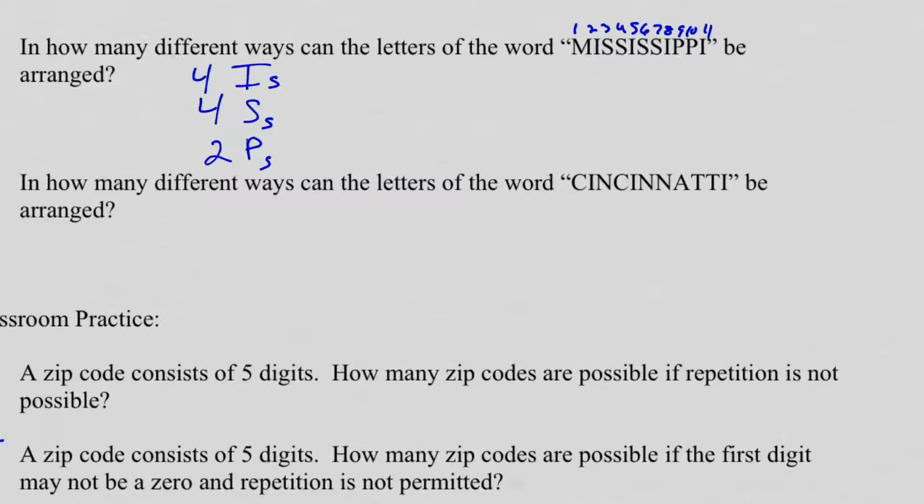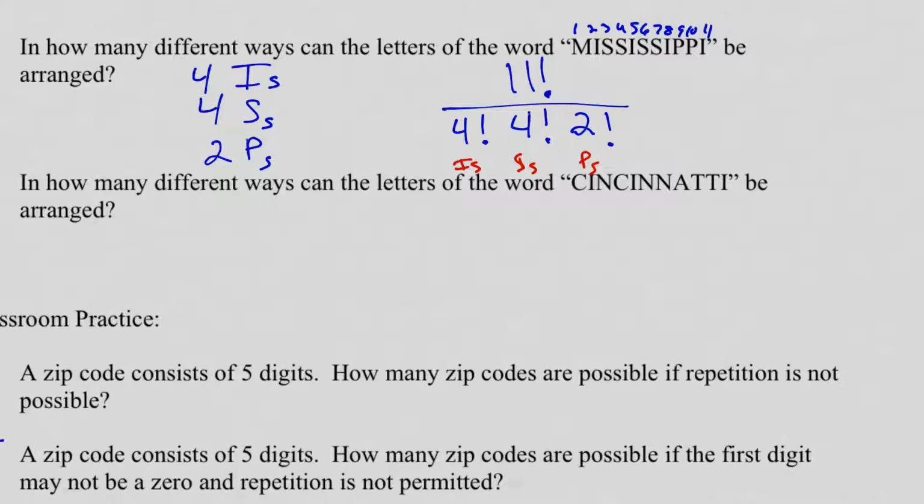So, if all the letters were different, then we would have 11 factorial by itself. But because there's duplicates, remember I just showed you with Bob, we have to divide by the duplicates. So I have 4 I's, I have 4 S's, and I have 2 P's. Okay, so those come from my I's, these are my S's, and those are my P's right there.